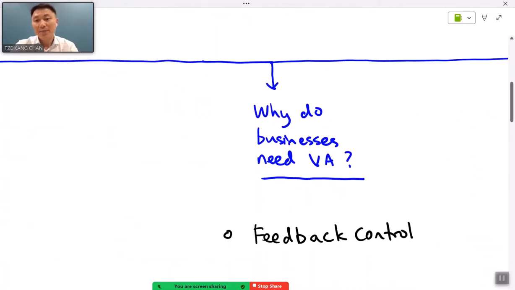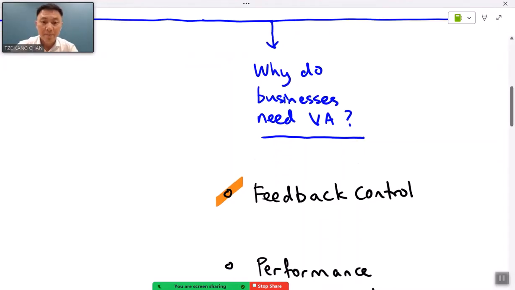First and foremost, it provides a useful control mechanism, namely feedback control, allowing businesses to understand things that went well and things that went wrong during past operations in the business activity.